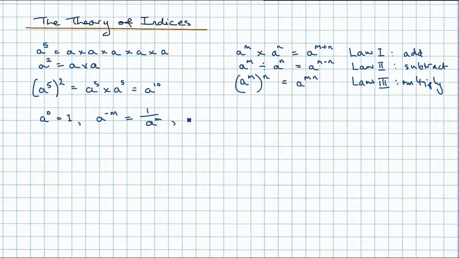Finally, what happens if you have something like this? A to the power m over, let's say 2. Let's keep the numbers nice and simple. And we call these fractional indices because you've obviously got something like a fraction here. Any number over 2, well, it will be a fraction or a rational number.